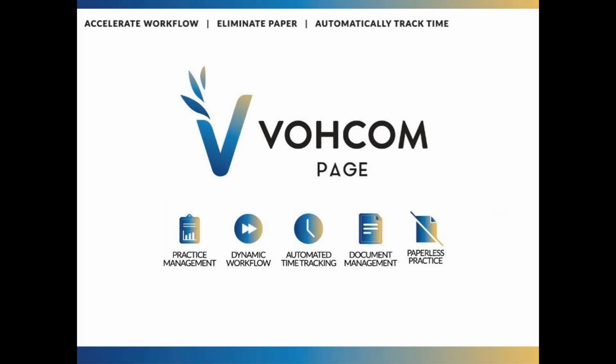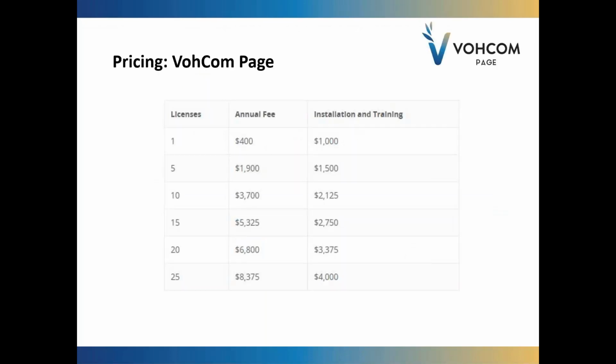Okay, so just in closing, I'll just go over the pricing for VohCom Page. Single licenses are $400 on an annual fee with an installation and training. Each additional license is slightly discounted, same with the installation and training. For a 5-person firm, it's $1,900 a year.